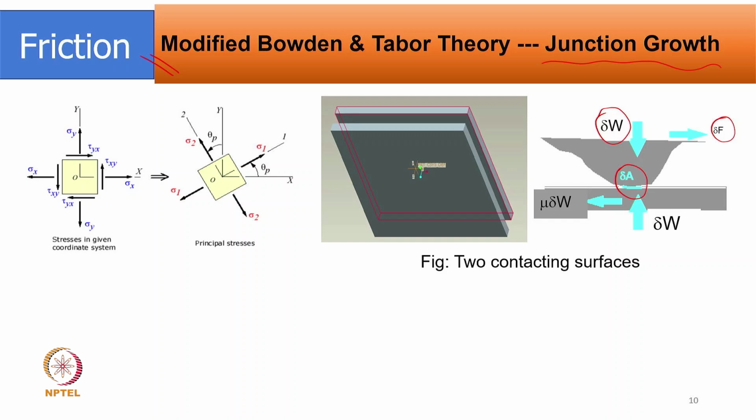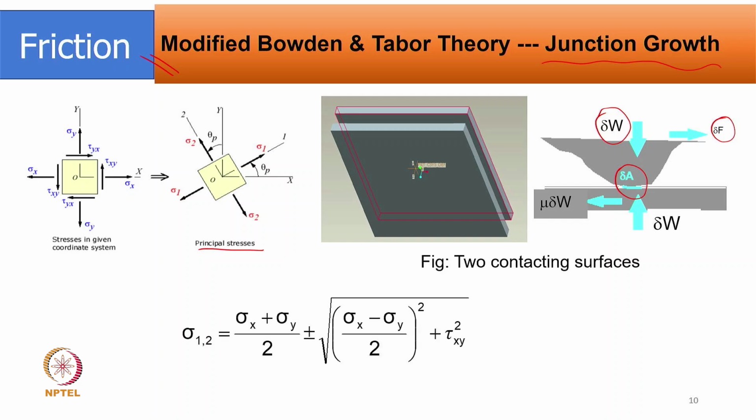And then when we use equations, particularly the principal stress theory or Mohr theory, we can derive the relation in terms of stresses. Sigma 1 is the principal stress, and we try to find sigma 1 and sigma 2; in the direction of sigma 1 and sigma 2, the shear stress will be 0.